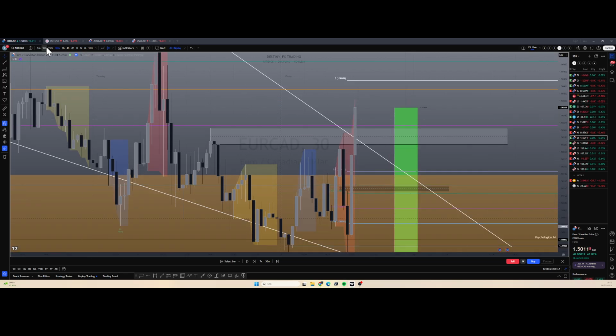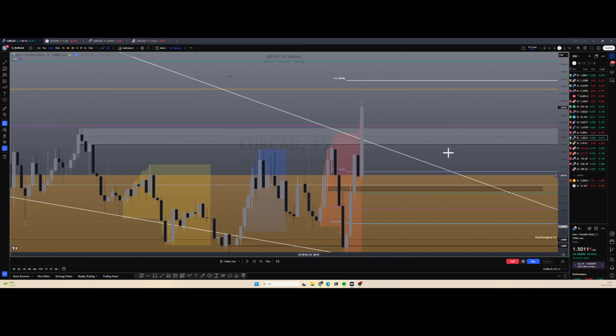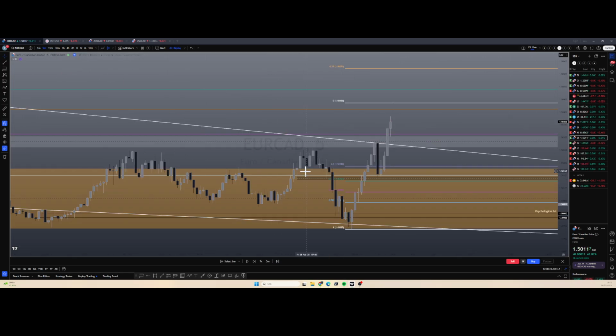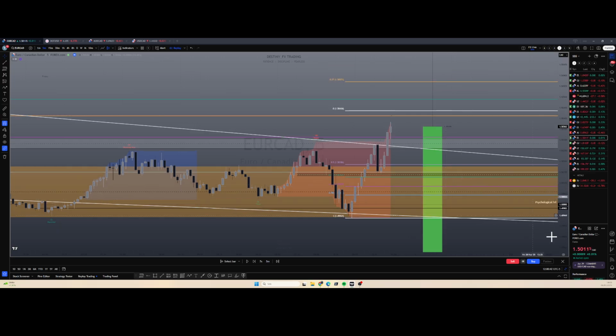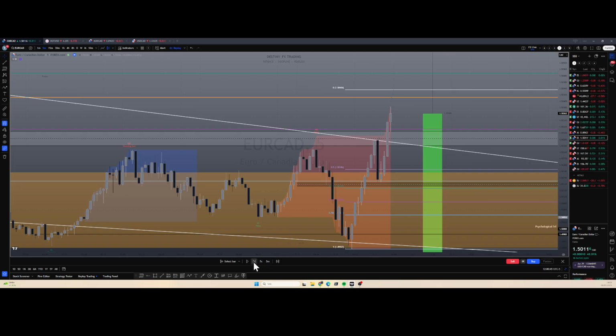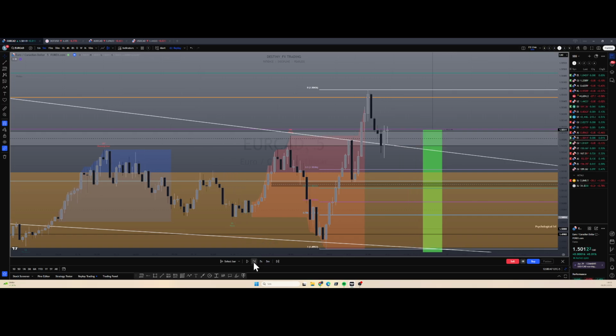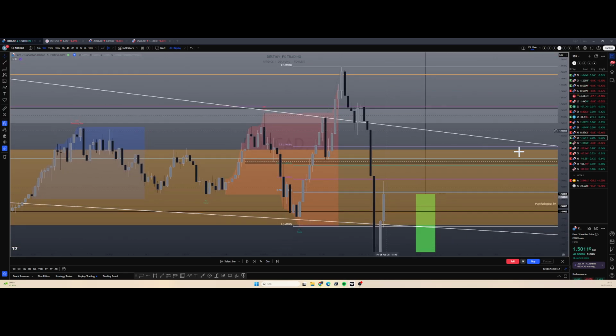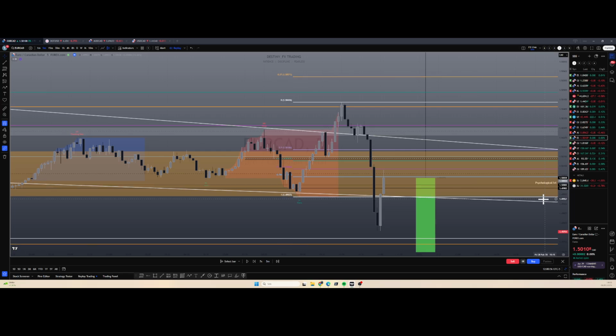So my next trade, or my next idea, was that, okay, I want to see price get back down here before entering a long position. So I had a buy limit at this 70 fib, and then I just waited for price to get down, and you can see it went down violently, and then we saw that price recovered, I won't say quite well, but this for me is not a break of structure.